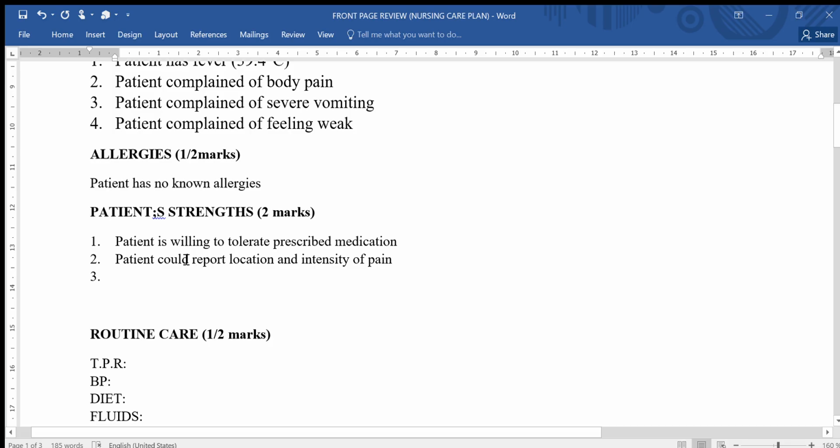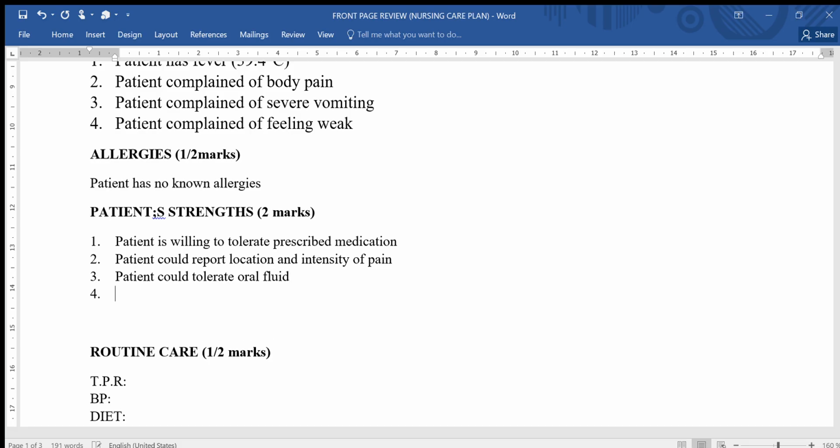So patient could tolerate oral fluid, right? Let's use that, oral fluid. So that's a strength.